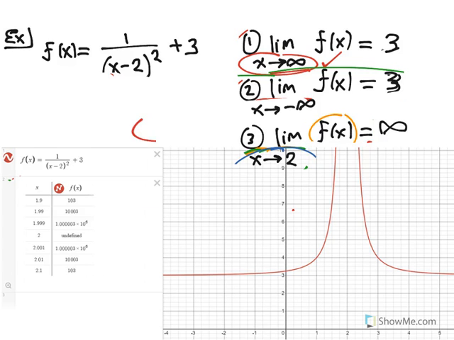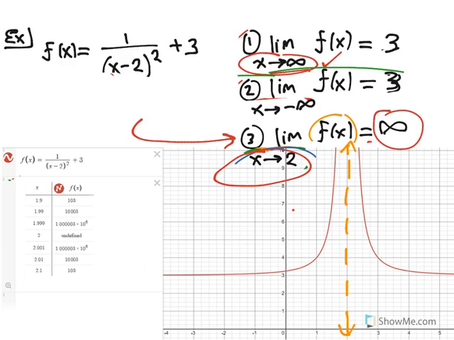So graphically, what does this infinite limit tell us? It tells us that as the input values get closer and closer to 2, the output values increase without bound. So graphically, at x is equal to 2, there is what we call a vertical asymptote for the graph.